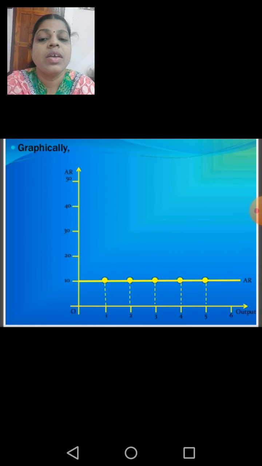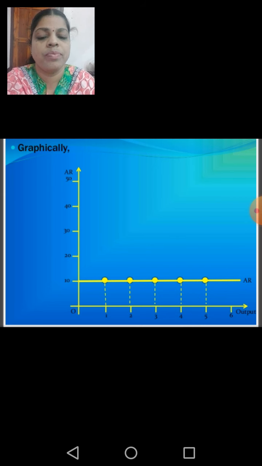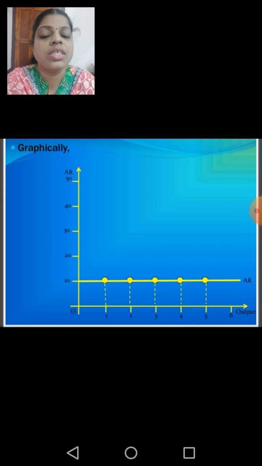Yes, here we can see that the shape of the average revenue is constant throughout, exactly the shape of the price also. The average revenue curve is horizontal to the OX axis, isn't it?